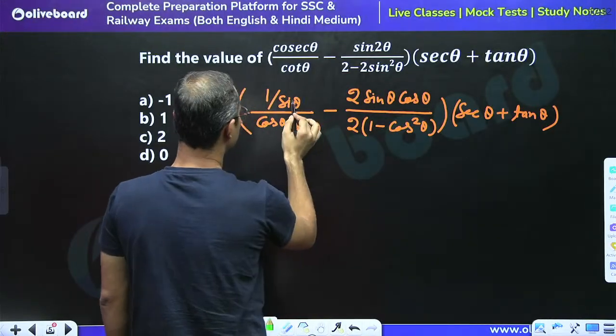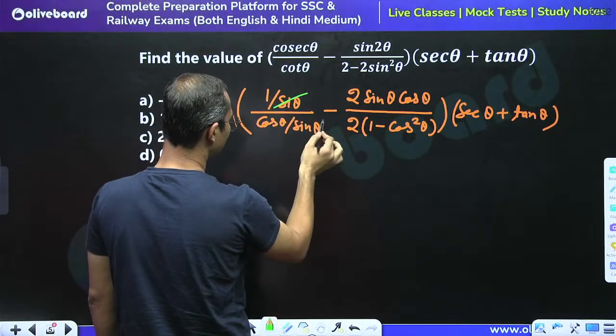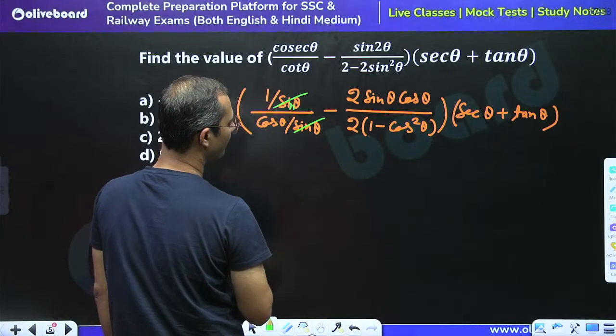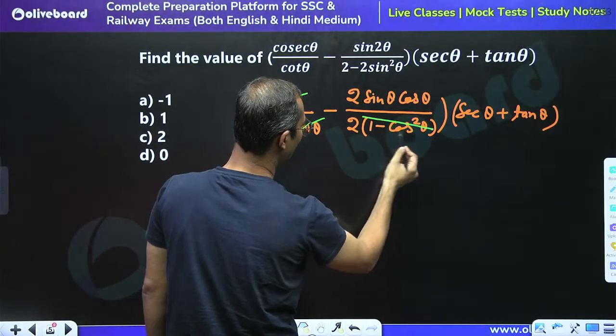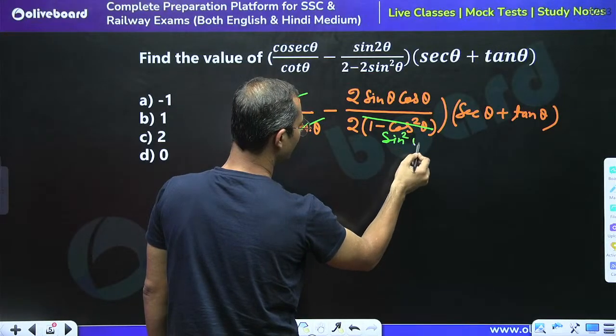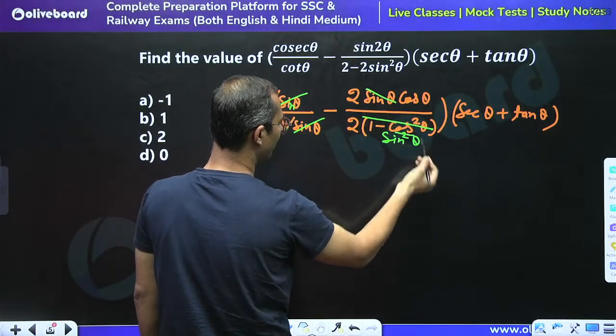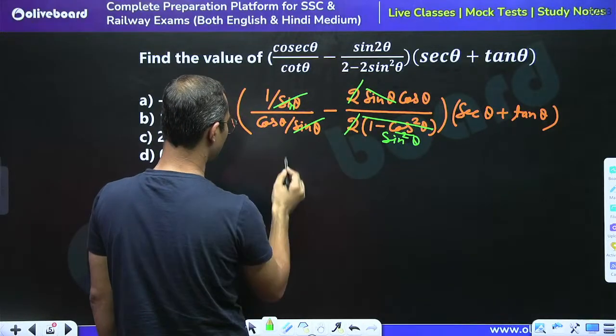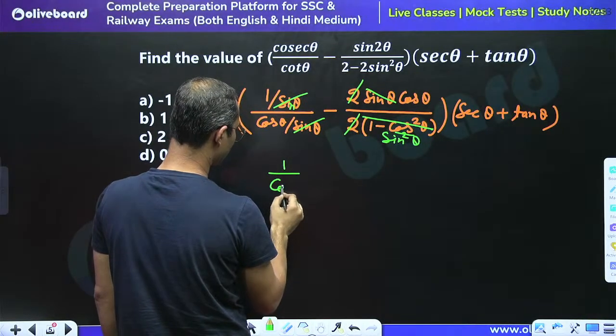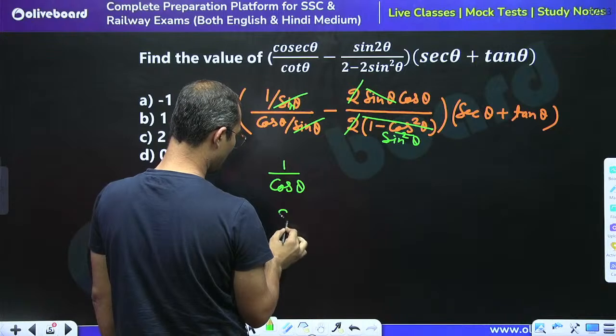See, sin theta is cancelled by sin theta, and 1 minus cos square theta is sin square theta. We know that. So one sin theta is cancelled, 2 is cancelled, so we get 1 upon cos theta, which is sec theta.